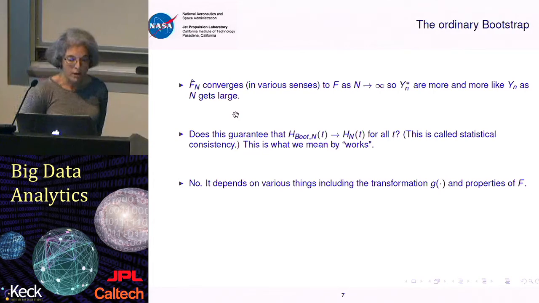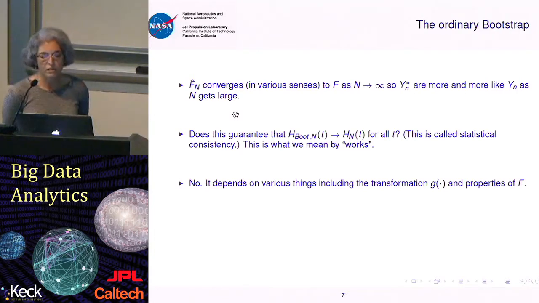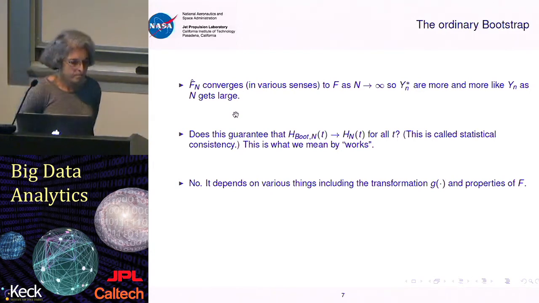The main point I want to make here, we'll go into that last point in a minute, is that when we say the bootstrap works, this is what we mean. We mean that hboot is what's called a statistically consistent estimate of h sub n. In other words, the bootstrap distribution converges, for n going to infinity, to the true distribution. Hopefully that doesn't come as a shock to you, because to say something works doesn't mean it always does work in this sense.